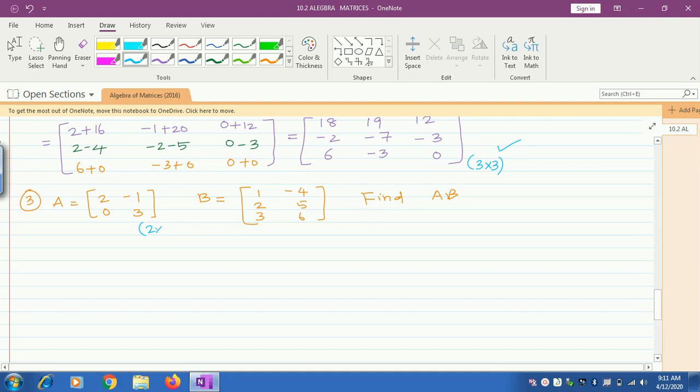This is 2 cross 2, and what is the order here? This is how many rows? You have 3 rows, 2 columns, right? So what is the order of this one? Since this is not same, here you have 2, here it is 3, therefore the multiplication is not possible. I can write it: this is not possible, not exists, because the rows and columns are not same.